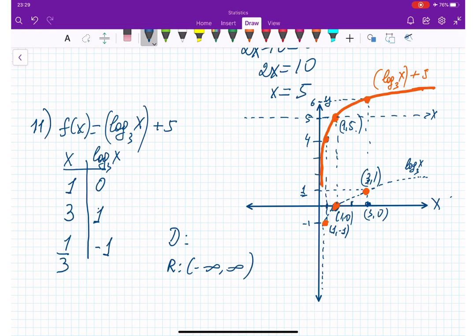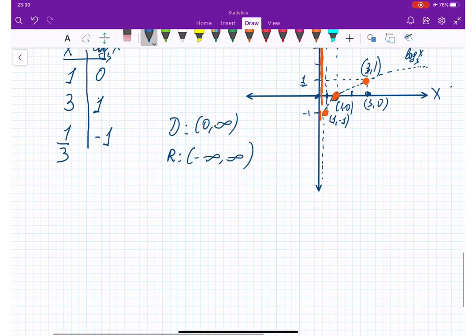Why? Because look here, this is going to keep going down to negative infinity, and here it is running to positive infinity, this range, right? But it's a different story for x. It's starting from 0, right? It's only positive x, from 0 to positive x.